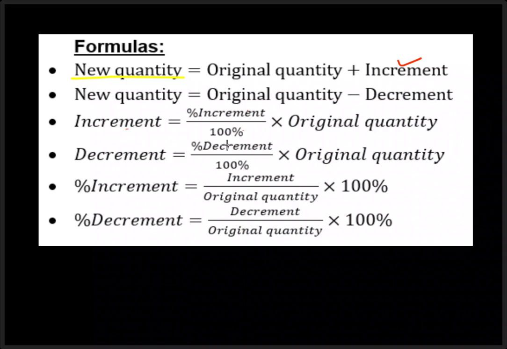And decrement is percentage decrement over 100% times original quantity. And if you are changing the increment to percentage increment, you have increment over original quantity times 100%, and percentage decrement equals decrement over original quantity times 100%. So these formulas are what will guide us while we solve questions under increment and decrement.